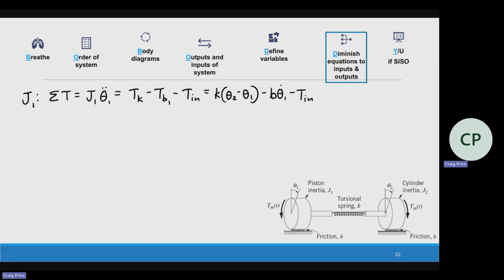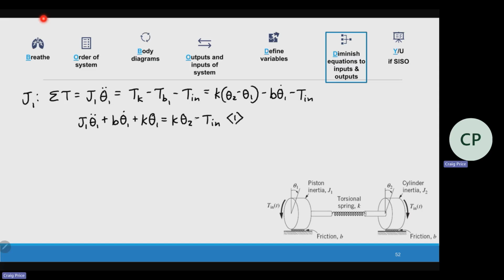We put it in our little table. Theta 1. I want to get all my theta 1s together. I've got theta 1 on the left-hand side, theta 1 here, theta 1 here. Those are negatives. That's good for me because I'm going to add them to the other side. So we get J1 theta 1 double dot plus, I'm going with the next highest derivative, B theta 1 dot plus K theta 1 is equal to K theta 2 minus Tn.